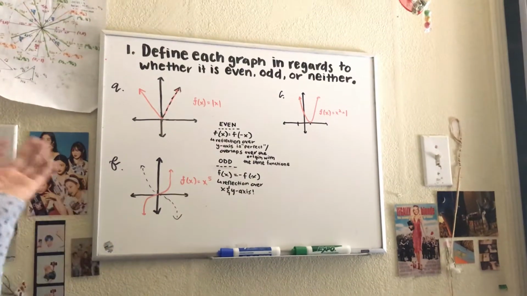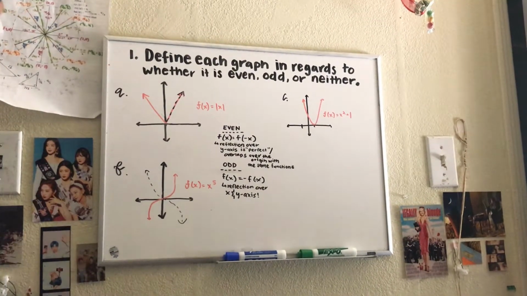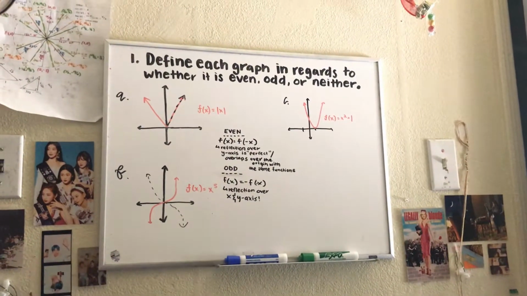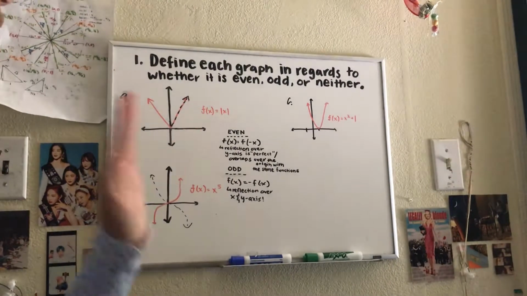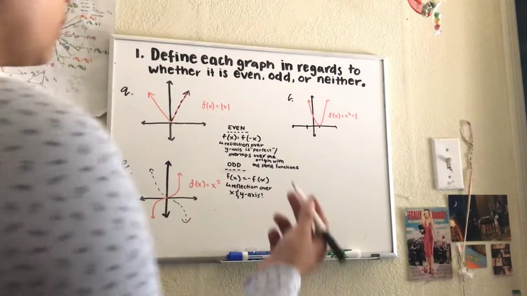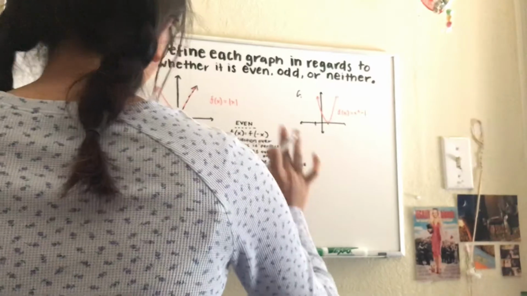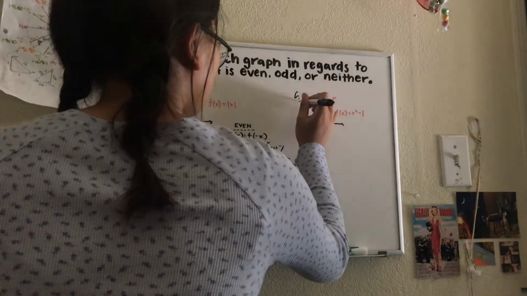Looking at the third problem, or problem C, we have the equation f of x equals x squared plus 1. To validate whether it is an even or odd function, we do the y-axis reflection and x-axis reflection test. If we were to reflect this graph over the y-axis, we would get this.